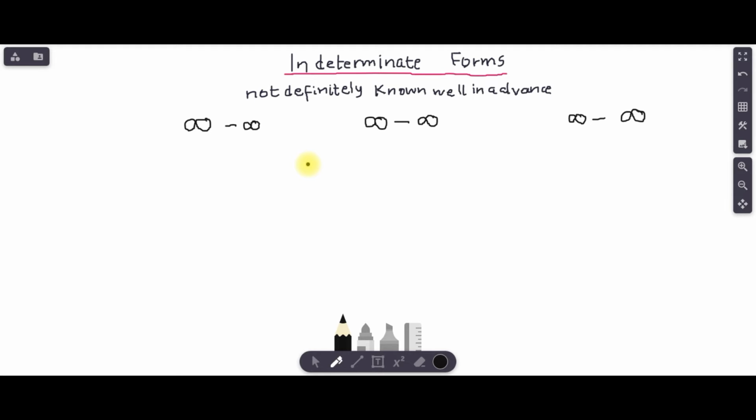Coming to the context of indeterminate form, not definitely known well in advance: if you look at these expressions, we are not able to tell what the value could be. Many of us think that this infinity and this infinity may be the same, so the answer may be 0.